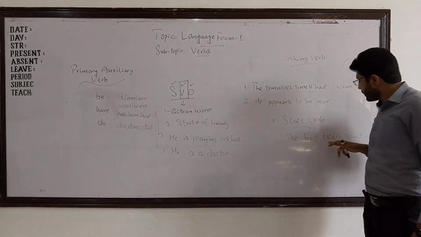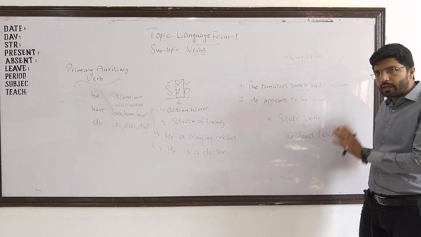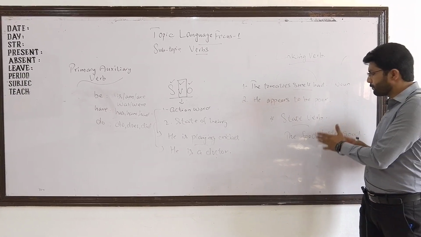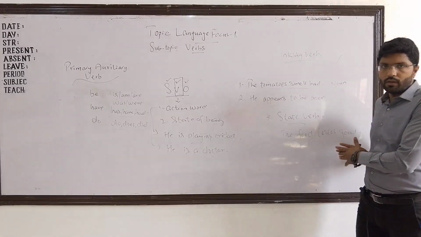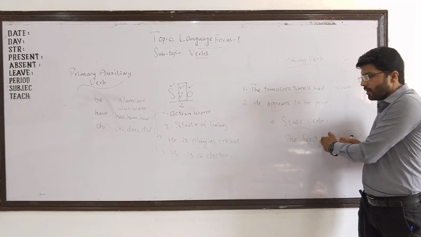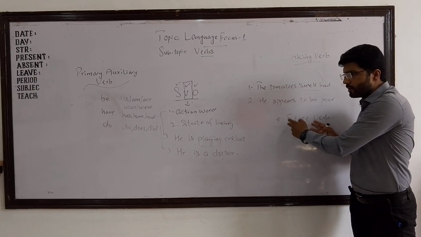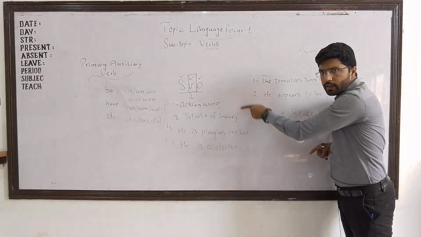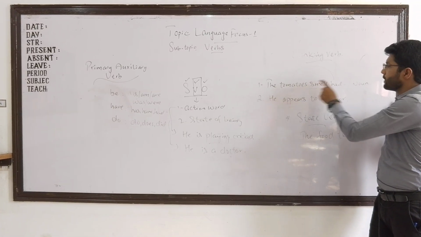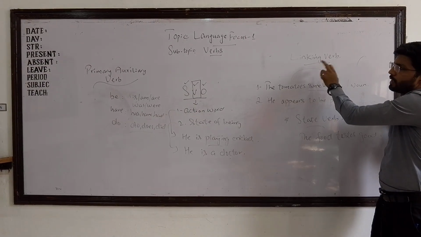The word taste over here is not performing any action, just telling us the state of the food. Those words which just tell us about the state are called state verbs, state of being according to the definition of verb, and those words which create a link from the subject to the adjective or a noun are called linking verbs.